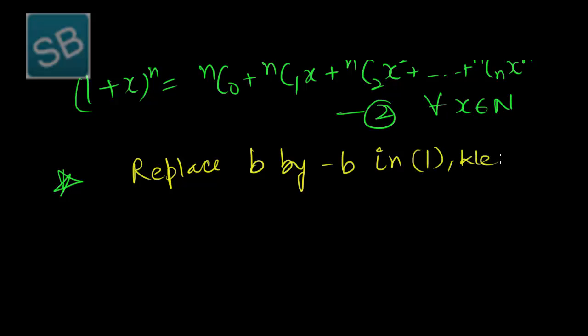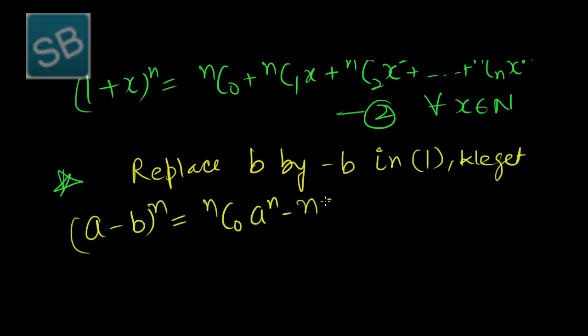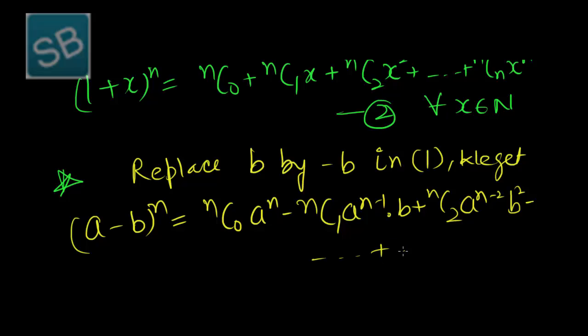So we get (a - b)^n = nC0 a^n - nC1 a^(n-1) b + nC2 a^(n-2) b^2 - and so on, + (-1)^n nCn b^n. So this is the expression, give its name as number 3.